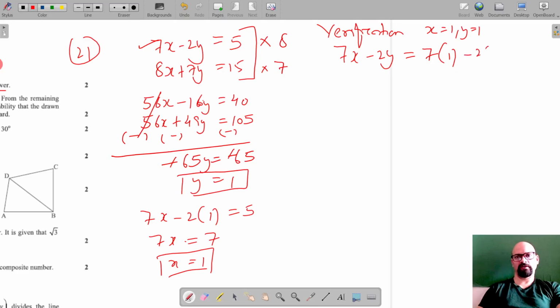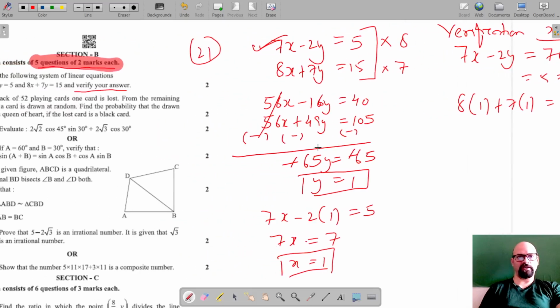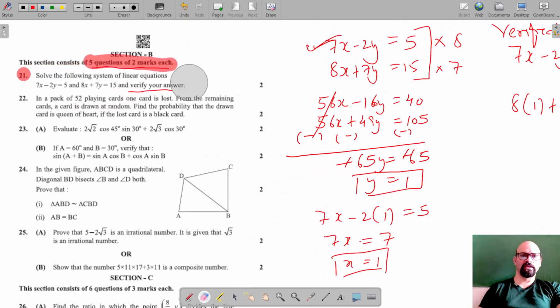So 7 into 1 minus 2 into 1 is equal to 5, which is equal to RHS. So the solution x is equal to 1 and y is equal to 1 satisfies the first equation, and for the second equation, 8 into 1 plus 7 into 1 is equal to 15, which is equal to RHS. So we have solved and verified the answer.